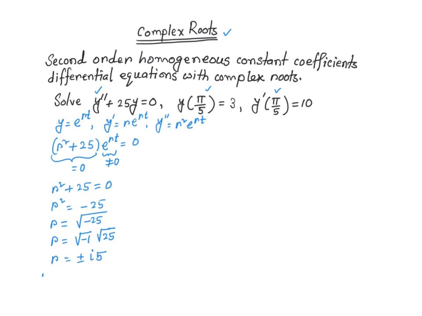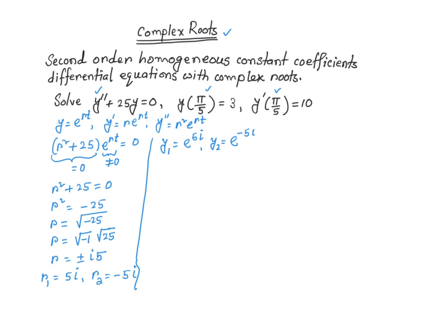So your r1 is equal to 5i, and your r2 is equal to negative 5i. Now my solution is going to be y1 is equal to e to the power 5it, and my y2 is going to be e to the power negative 5it.